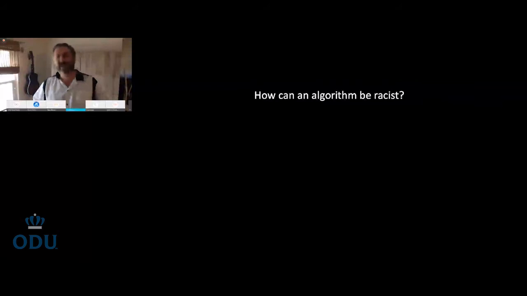The engineers have defined persons as light-skinned, and therefore have defined algorithmically dark-skinned people as objects.